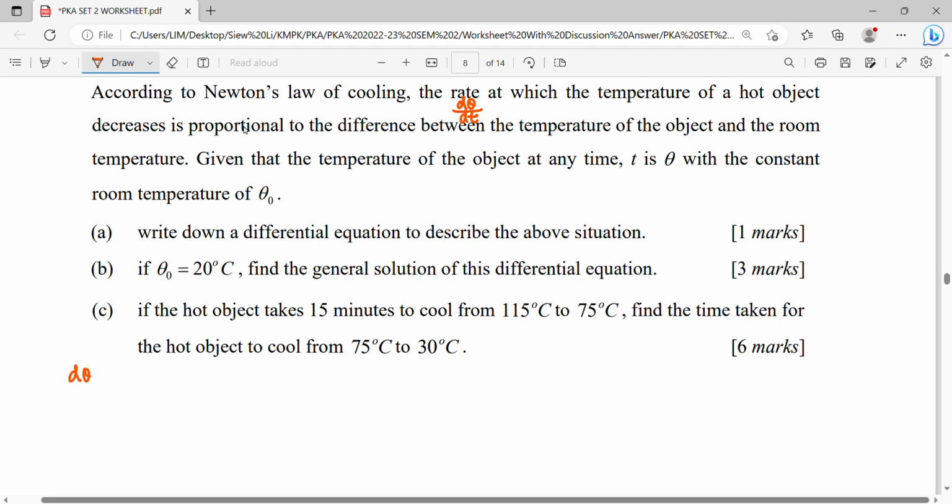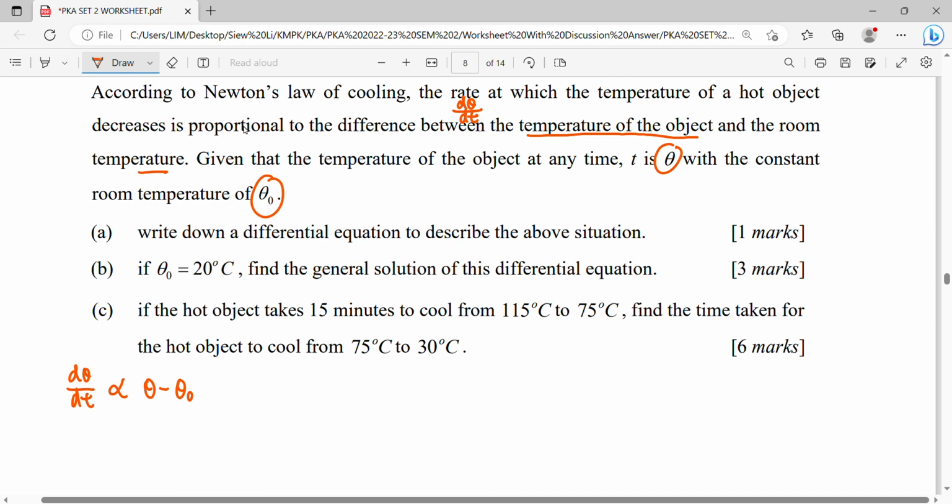The rate of change of your temperature is proportional to the difference between the temperature of the object and room temperature. Given that the temperature of the object is denoted by θ and room temperature is θ naught, the difference is θ minus θ naught.